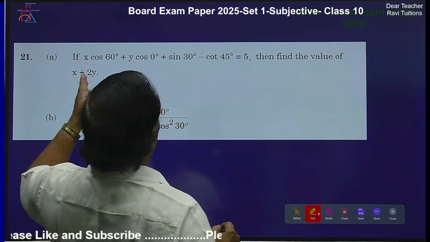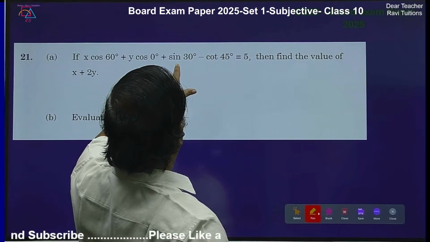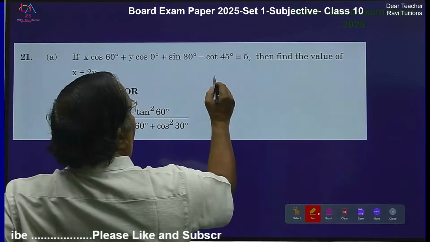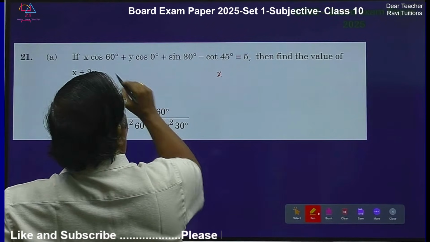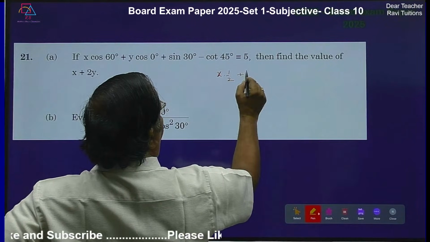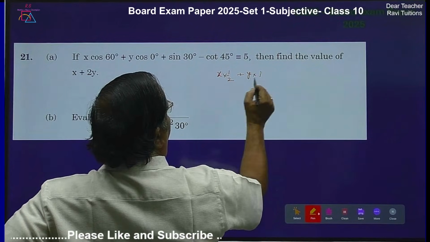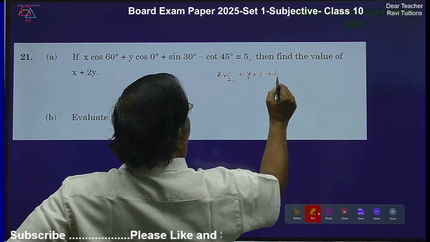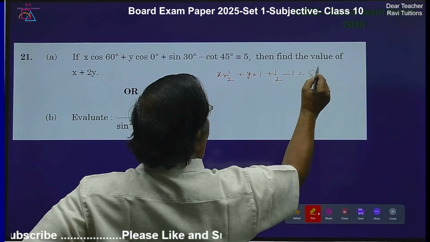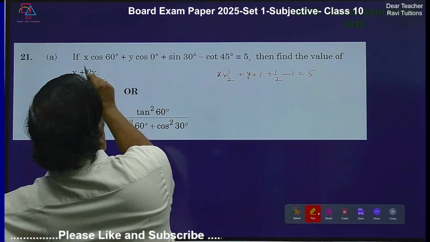Now he has given x cos 60, y cos 0, sin 30 minus cot 45 is equal to 5. So let us substitute the values. Cos 60 is 1 by 2. Cos 0 is 1. Sin 30 is half. Cot 45 is 1, is equal to 5. Our target is to find out x plus 2y.